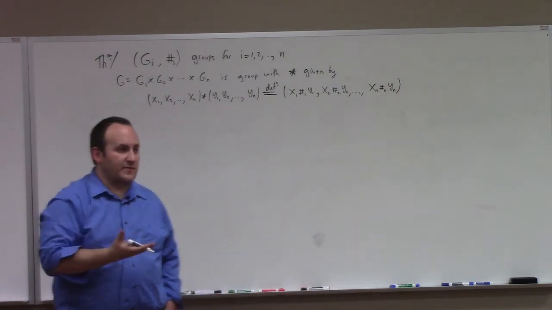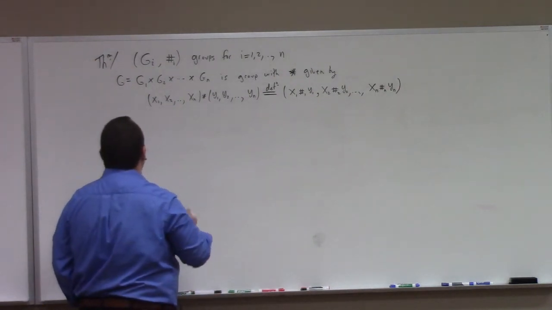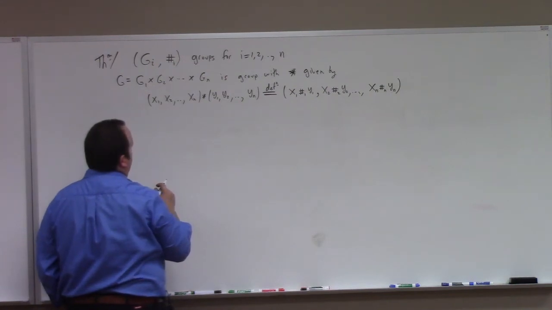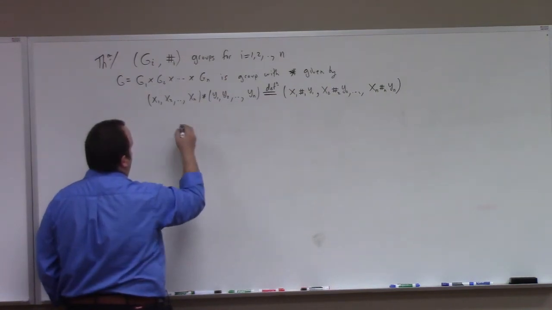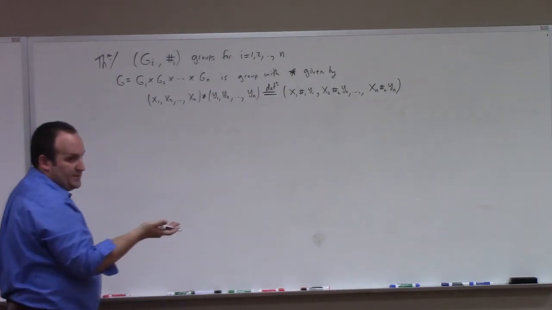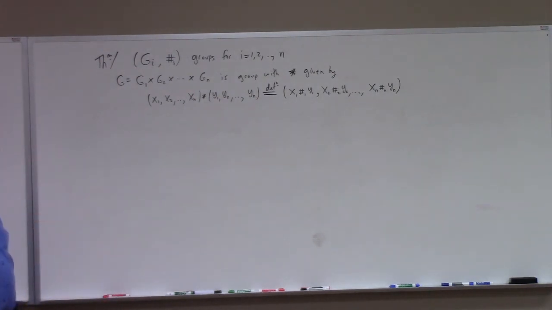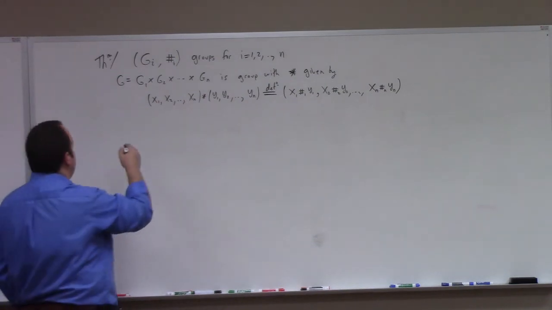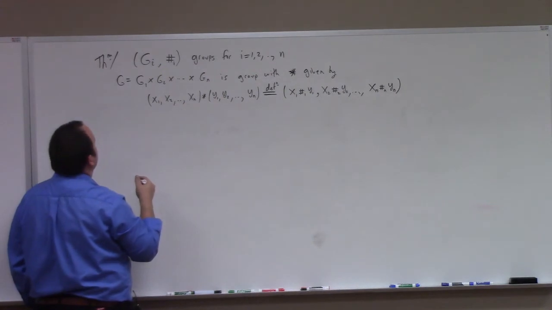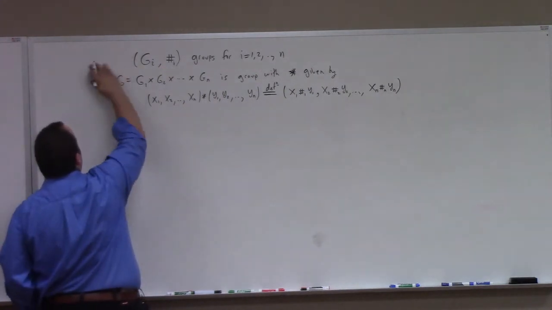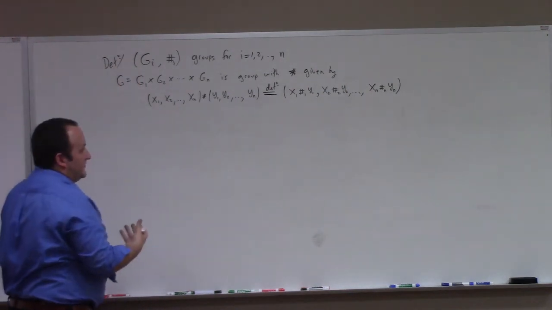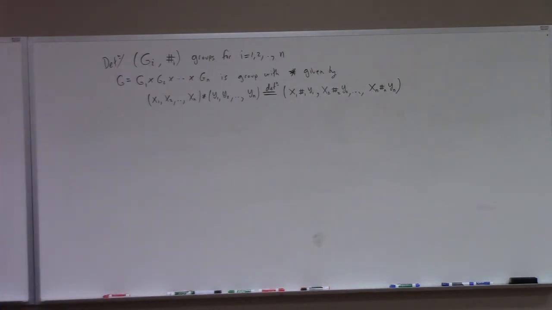And the theorem that Mackenzie's reminding me about: I claimed that the inverse of a tuple was the tuple of the inverses. This isn't really a theorem, this is a definition, isn't it? Let me fix that. There we go. So this is the definition of the direct product of G1 through Gn.